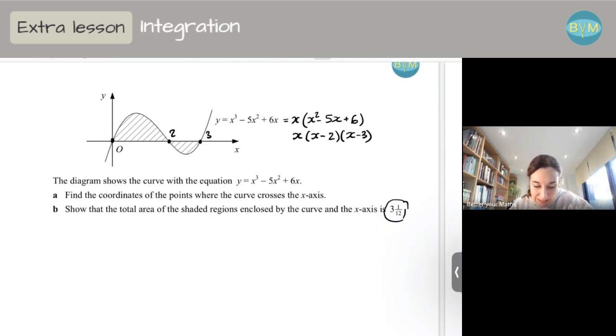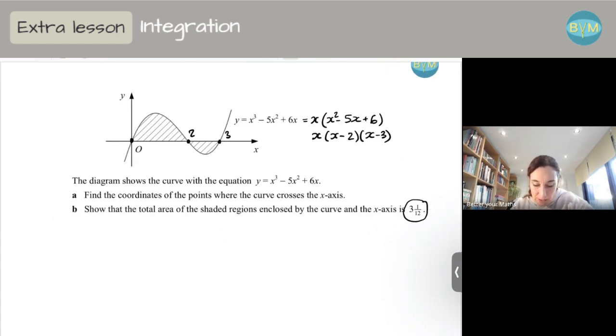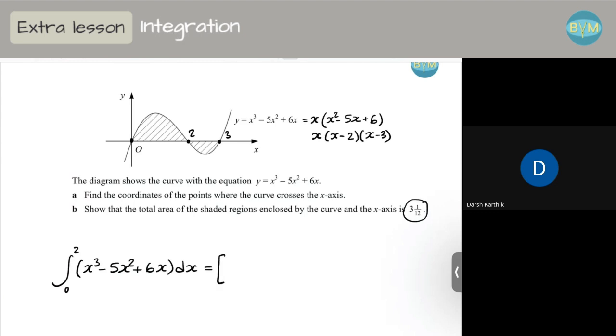So let's integrate that function. I'm going to integrate between 0 and 2. My function is x cubed minus 5x squared plus 6x dx. Who can help me? You haven't covered this, are you okay to help me? Go on.